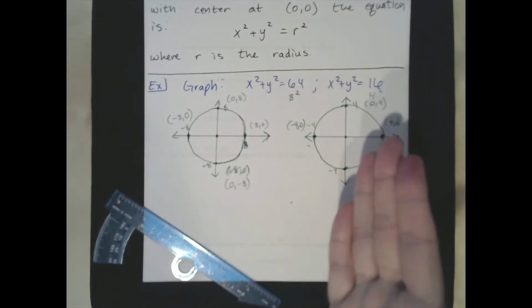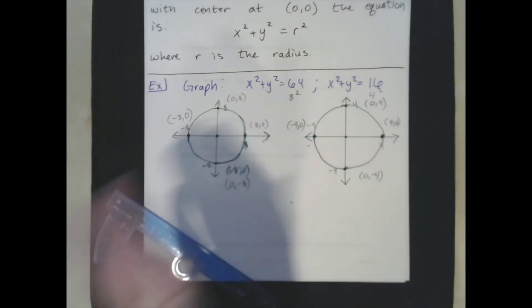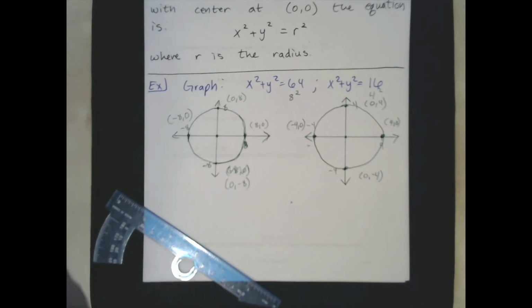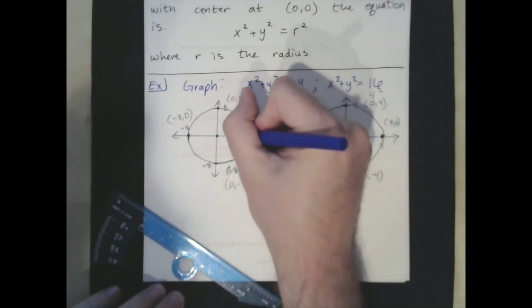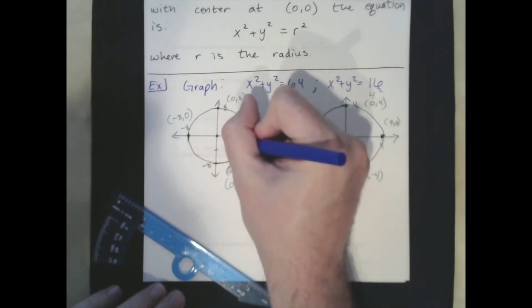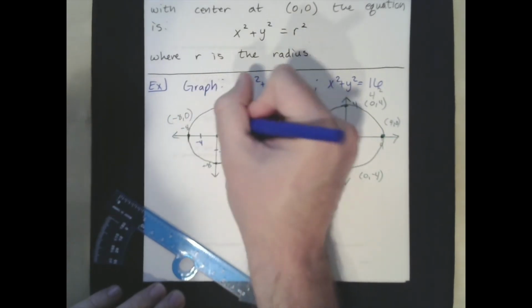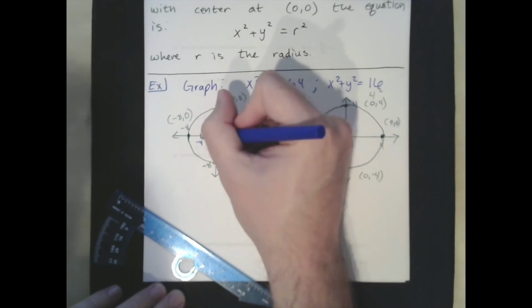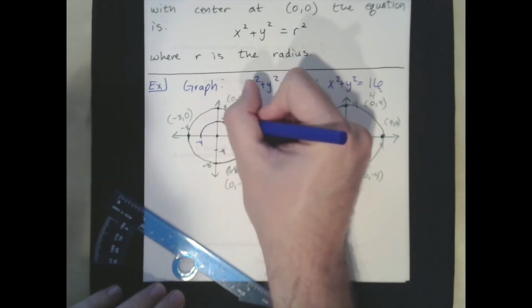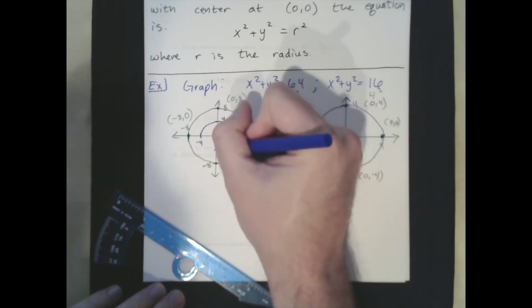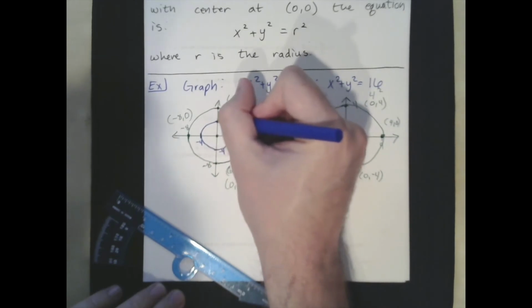Now, if I was to graph this circle on this set of axes, there would be at least 2 more tick points, 4, negative 4, negative 4, and 4. And that circle over there would look like this here on these axes.